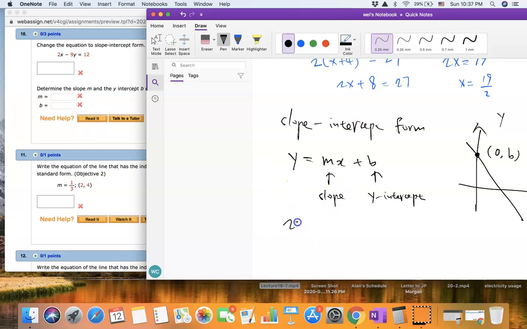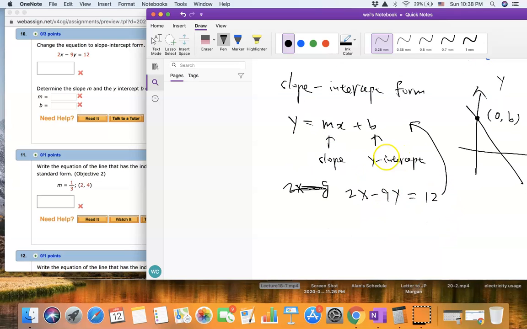To convert the given equation into this form, the first step is to separate x and y, because in the slope-intercept form, y and x and the constant are separated. So what we can do is add 9y on both sides.